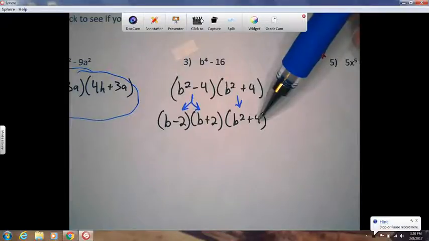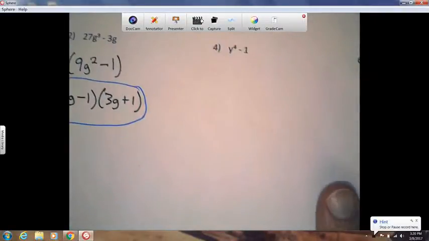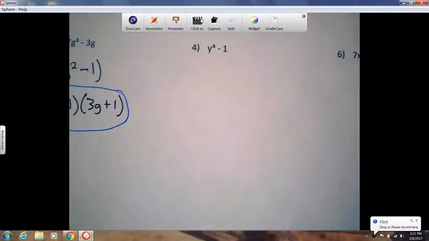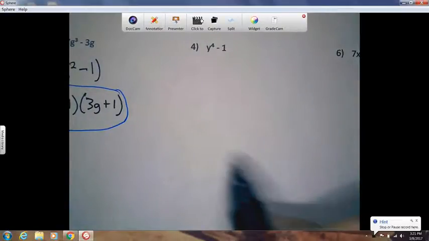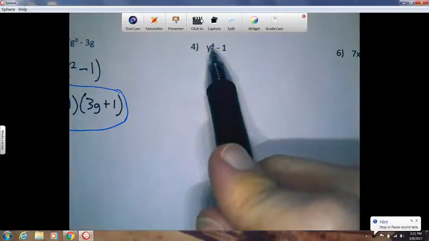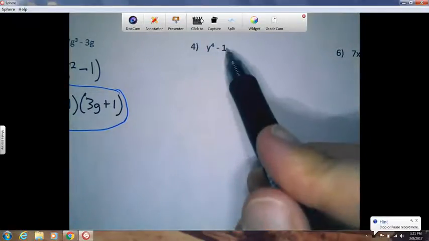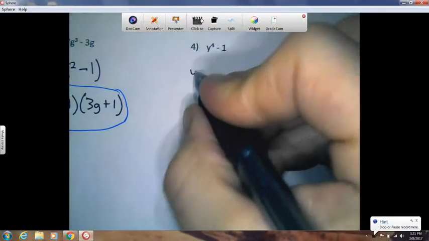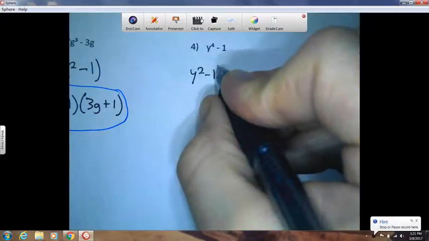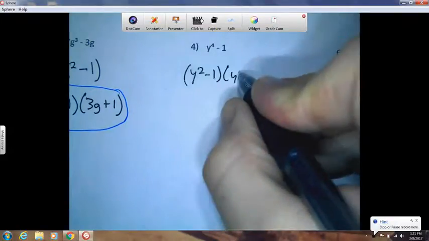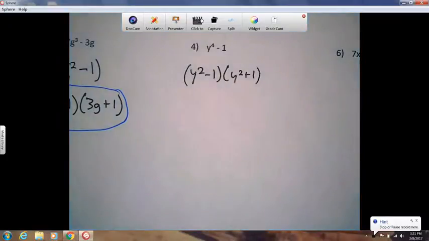Let's look at number 4. Do I have a difference? Yes. Do I have a perfect square? Yes, my exponent is divisible by 2. It's an even number. And 1 is a perfect square. So, y squared minus 1, y squared plus 1. Double check. Do I have any more? Can I do it again? Not with this parentheses because it's plus. So I definitely can't do it here.